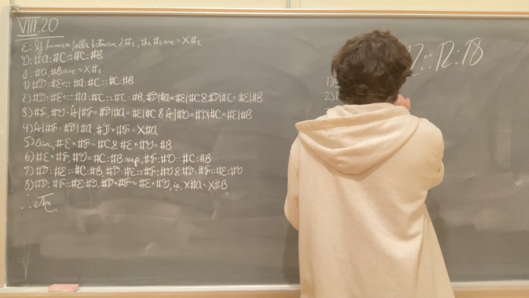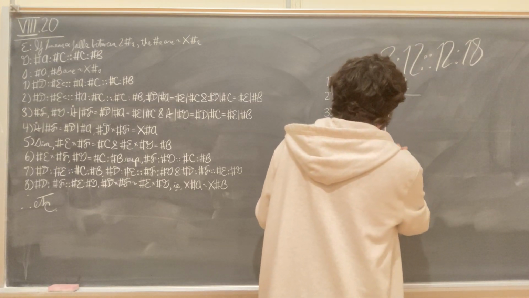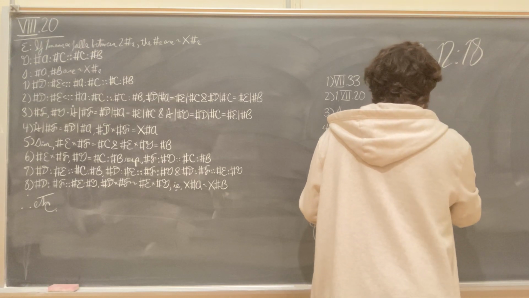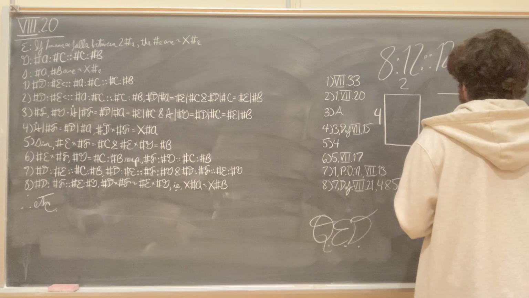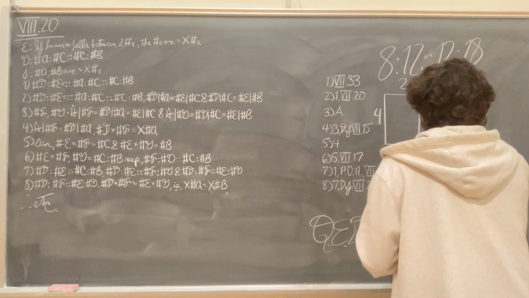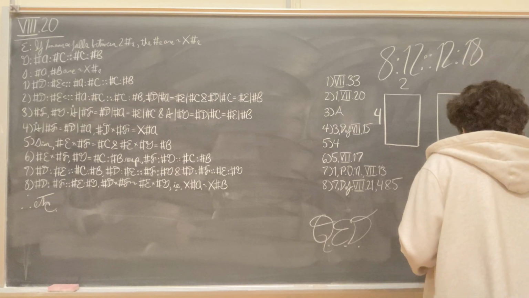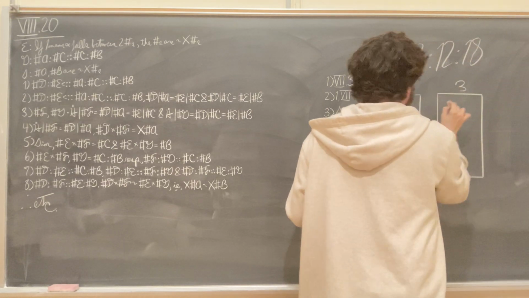So let's do that. That's going to look something like, we would turn 8 into 2 by 4. And then we would turn 18 into 3 by 6. Just like that. And of course, right angles.